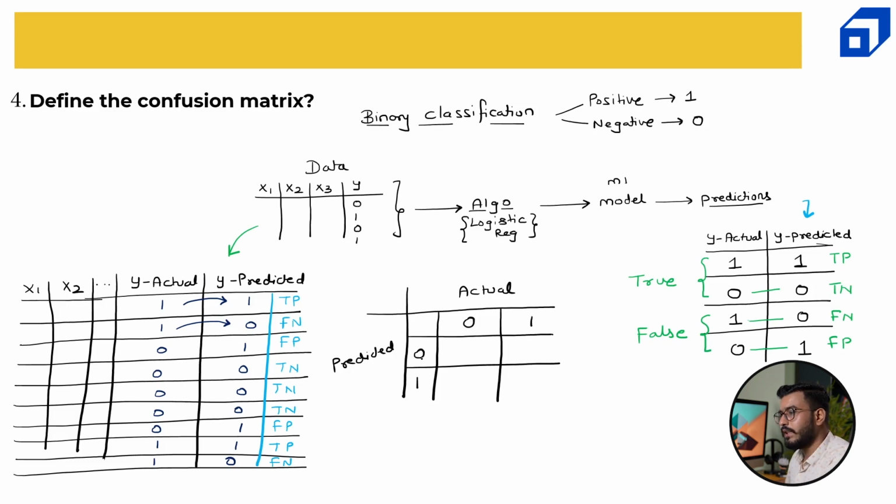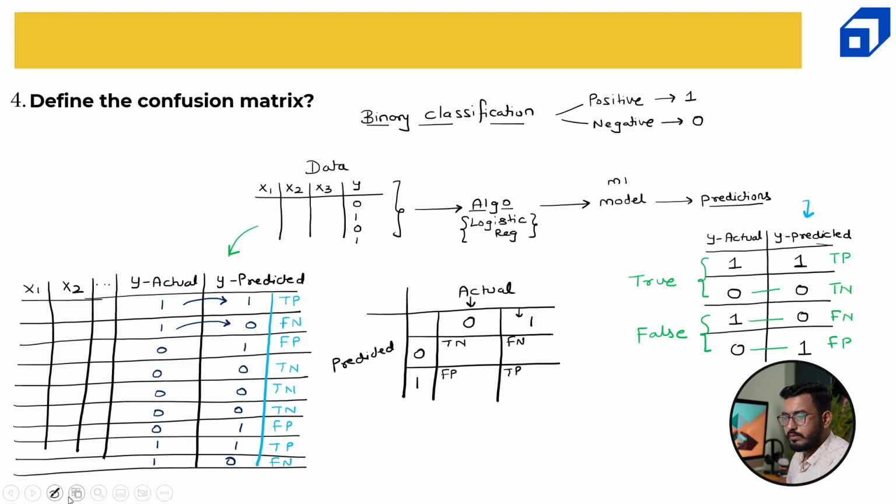When the actual 0 is predicted as 0, this is known as true negative. When the actual 1 is predicted as 0, this is false negative. When the actual 0 is predicted as 1, false positive, and this is true positive.